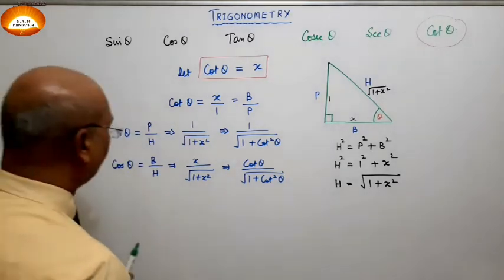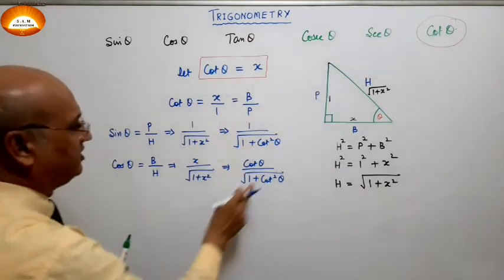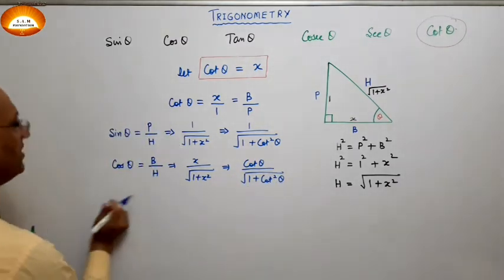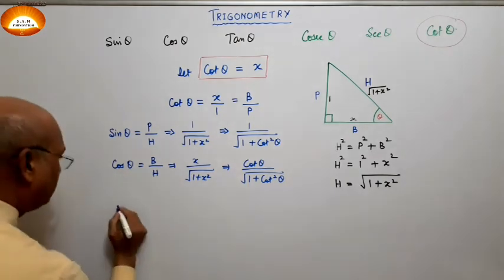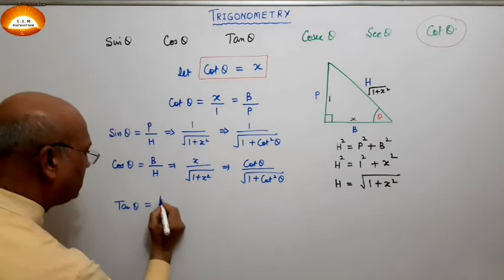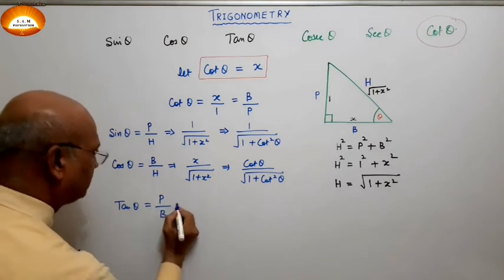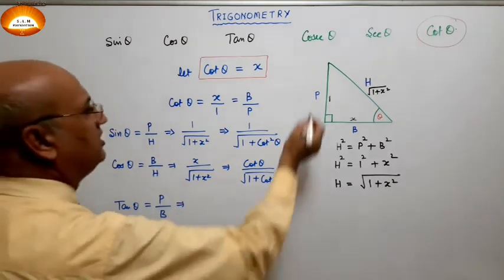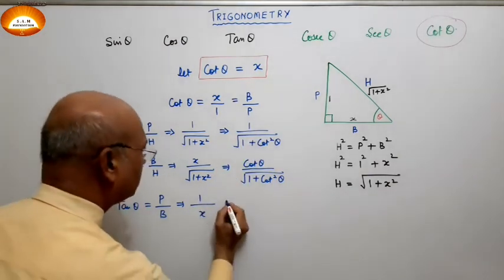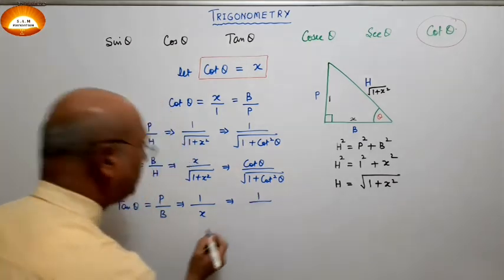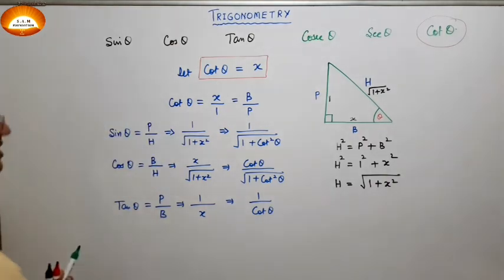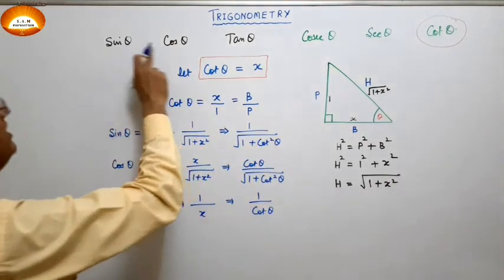So the value of cos theta in terms of cot theta will be cot theta upon under root 1 plus cot square theta. Now tan theta, it is perpendicular upon base. What is perpendicular? That is 1. Base is x. So that will be 1 upon x, which is 1 upon cot theta. Okay. Now we got sine, cos, tan.